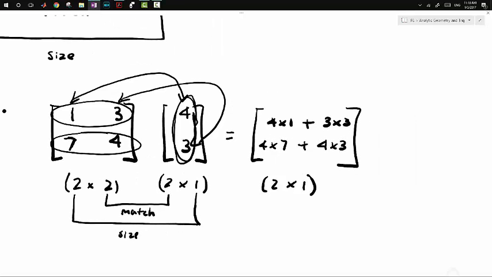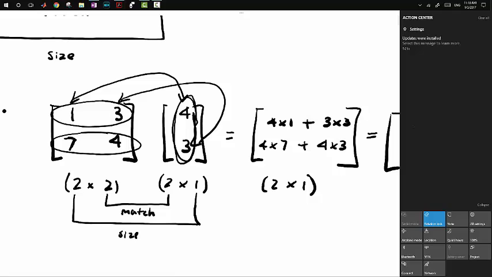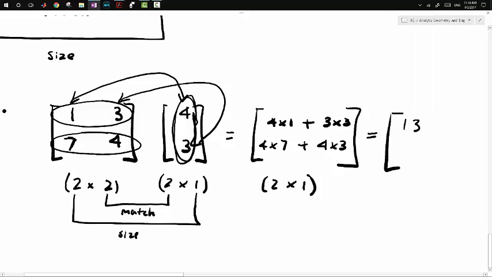So this is going to result to 4 plus 9, which is 13. Oops, 13. And 28 plus 12, which is 40. And as you can see, it's a 2 by 1 matrix.